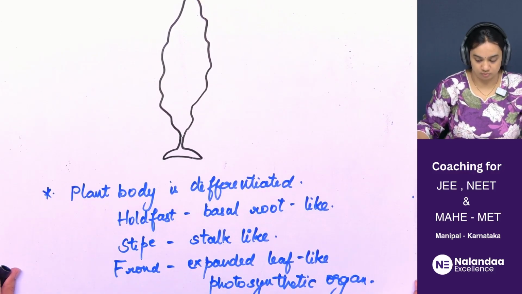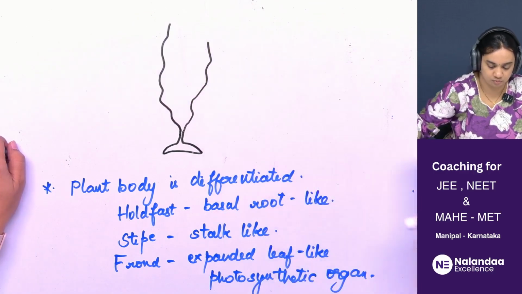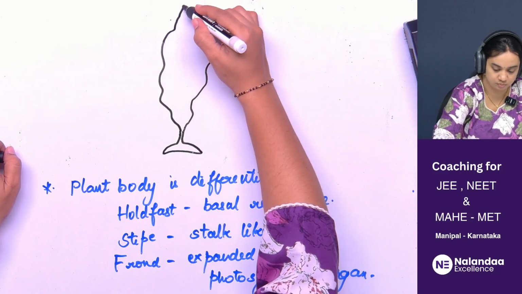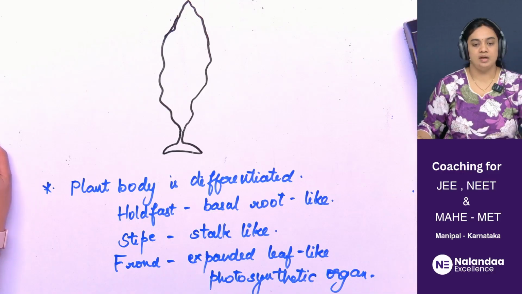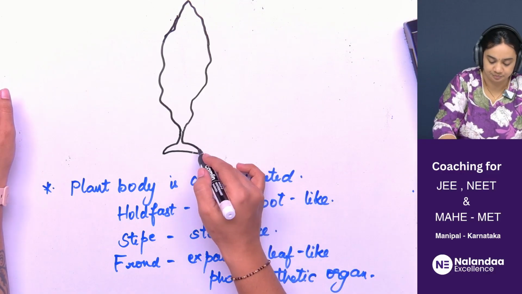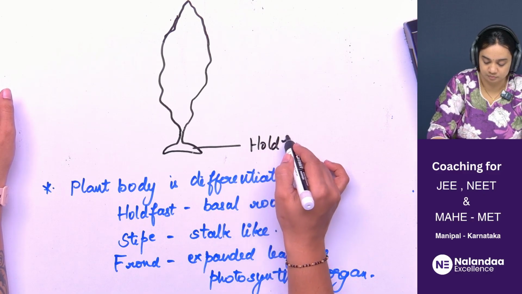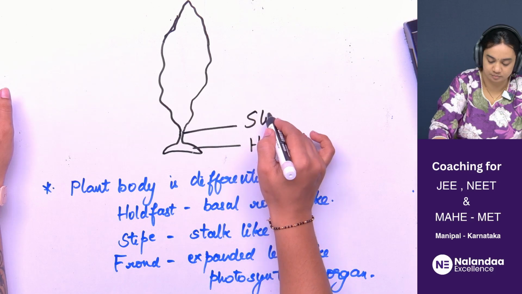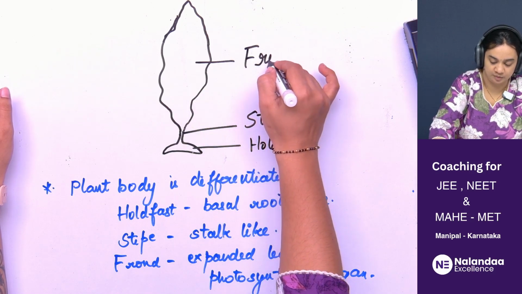Okay, it looks something like this. This is the hold fast, stipe, and frond.